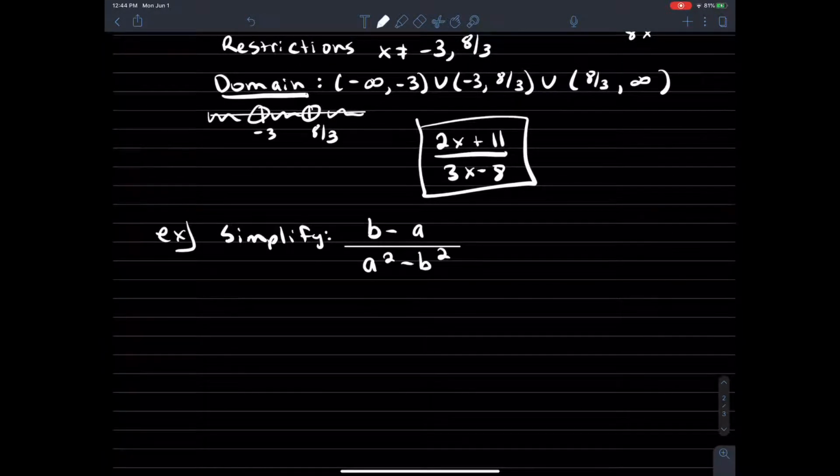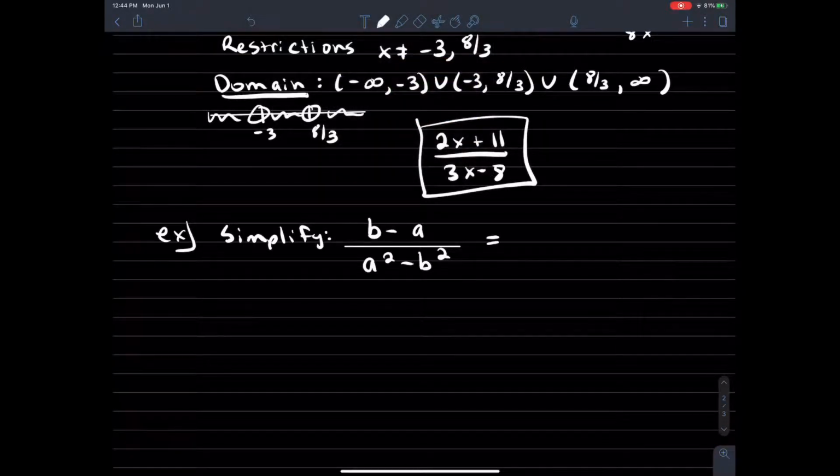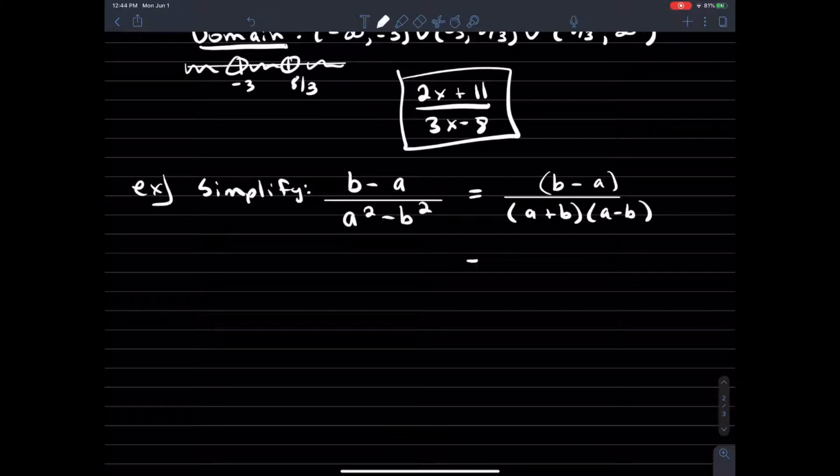So what we're going to do is, the top is already factored, so we're going to factor the bottom, and it's just a difference of squares, a plus b, a minus b. We can only cancel exact factors, and b minus a and a minus b aren't exactly the same, but we could make them the same. If I factor out a negative from b minus a, I get minus b, basically taking the opposite of each sign, plus a.